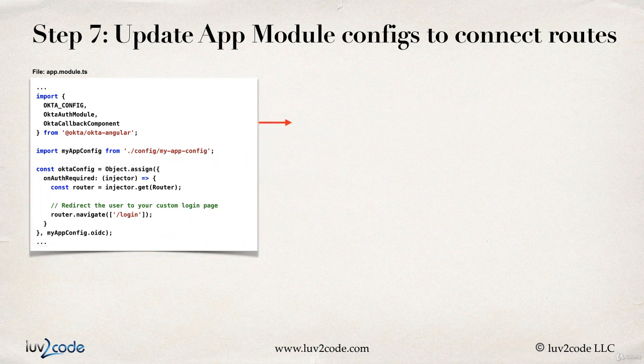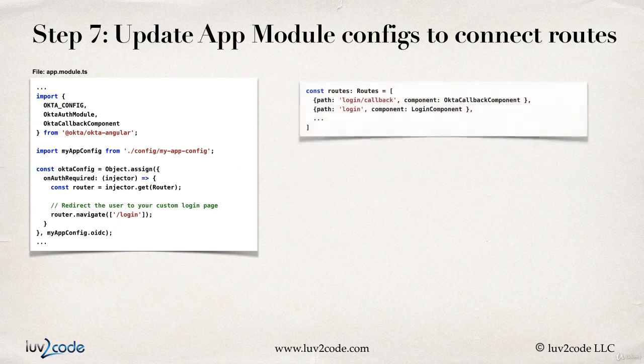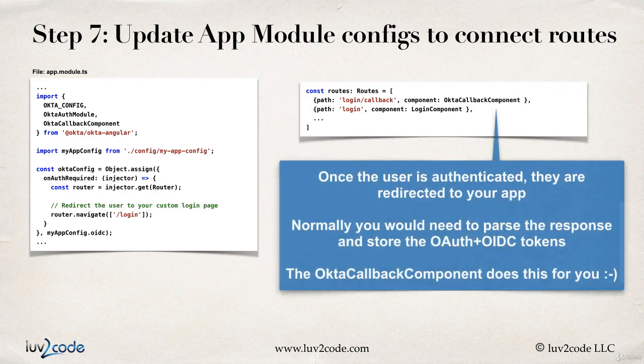And then moving over here, we have a bit more code to write. We'll set up our routes here. We have a route for login/callback, and then also a route for login. Login will go to the login component that we just created in the previous slides. So we saw all the code for it. But you may wonder, what's this Okta callback component? Of course, it's something from the Okta SDK.